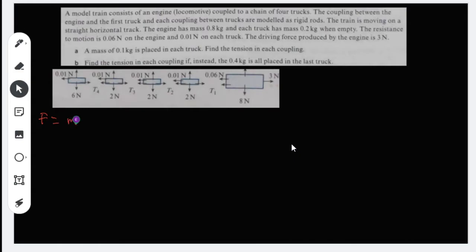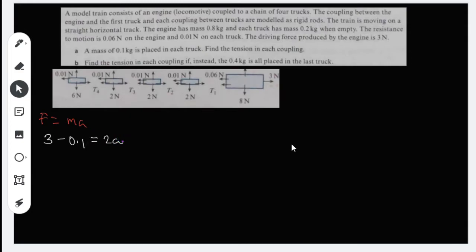So that is F equals ma. We have 3, which is the driving force, minus the total resistance, which is 0.6 plus 4 times 0.1, equal to 2 times a.